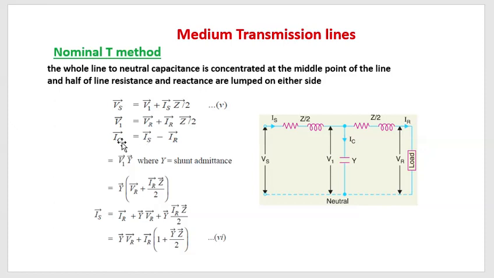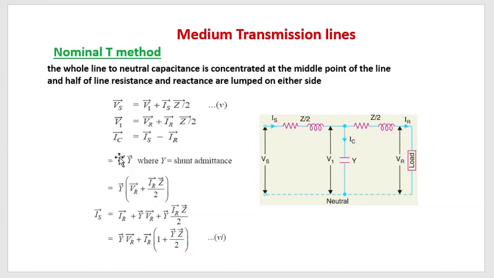And next we can see from the figure that IC is equal to IS minus IR, or IS is equal to IC plus IR.